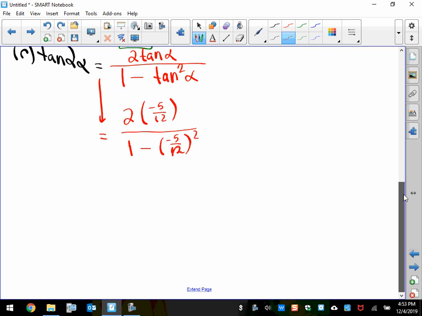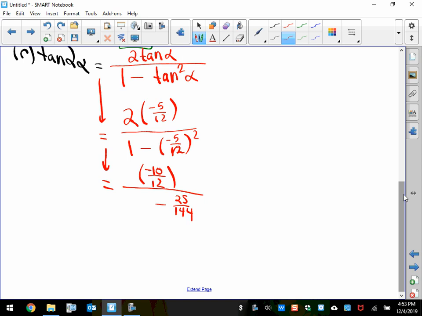This is going to be a little bit of a pain to simplify, so let's be careful here. So this is going to be negative 10 over 12 in the numerator. That's 2 times negative 5 over 12. You just double the fraction. And this is 1 minus, let's see, 25 over 144. Let's get a common denominator.